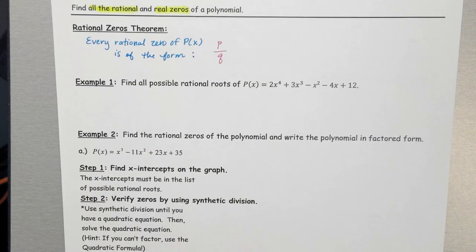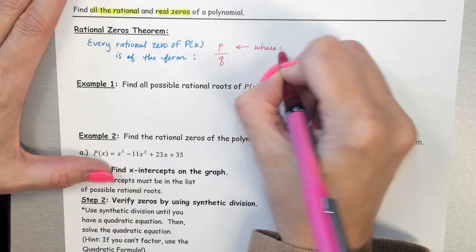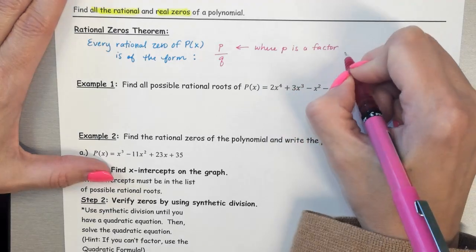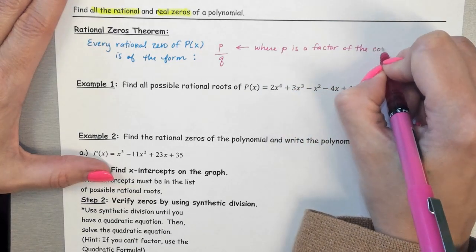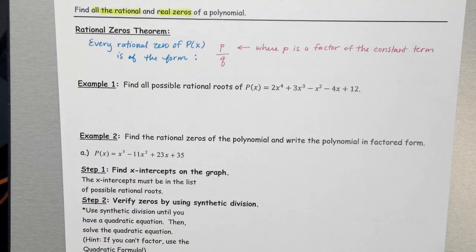Okay, every rational zero of p of x is of this form p over q, where p is a factor of the constant term. Okay, so that would be a factor of the number, the very last term. And then your q value is going to be a factor of the leading coefficient.